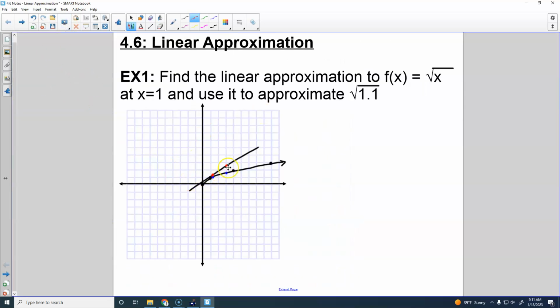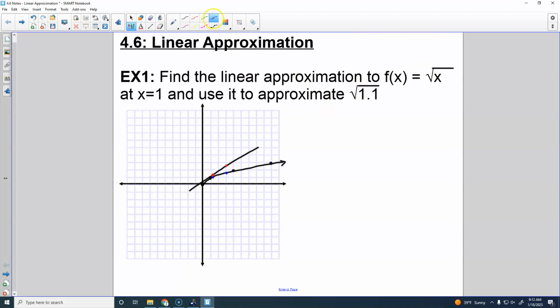So what we're going to do for these is a pretty basic idea. We're just going to find the equation of this tangent line. So we haven't done tangent lines in a while, but you guys were really good at them when we did. What do we need for a tangent line? F prime of the point, and so f prime is going to give us the slope of that tangent line, right?